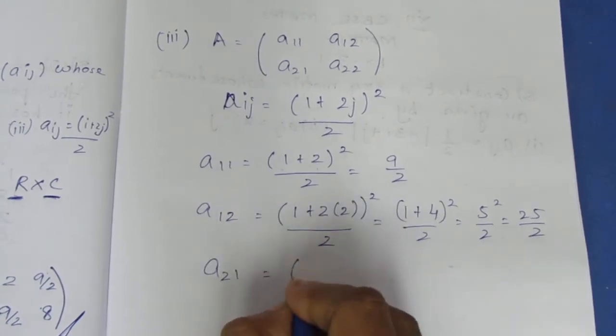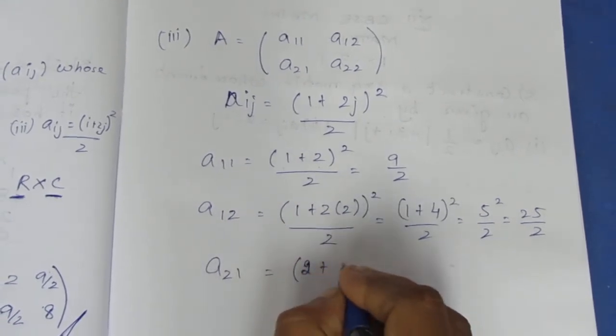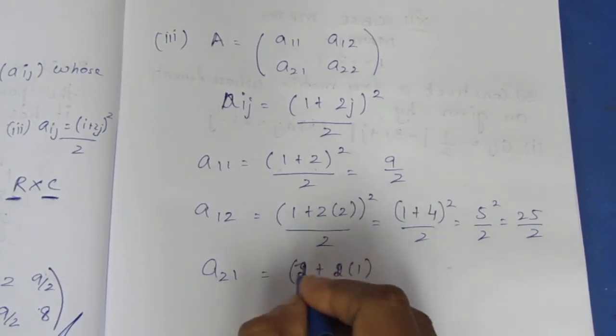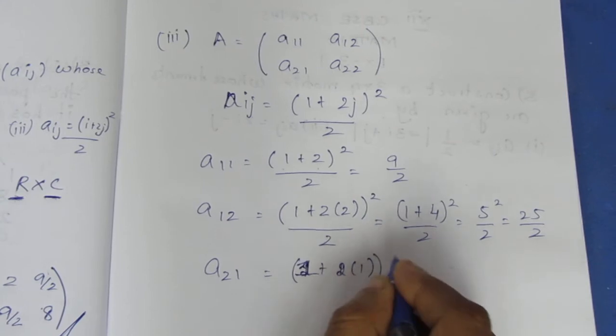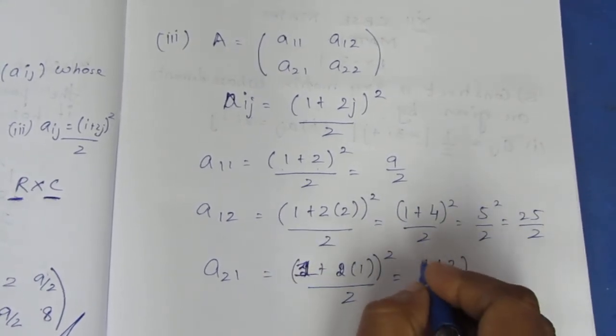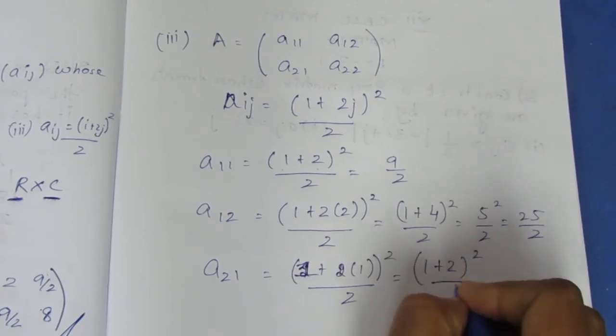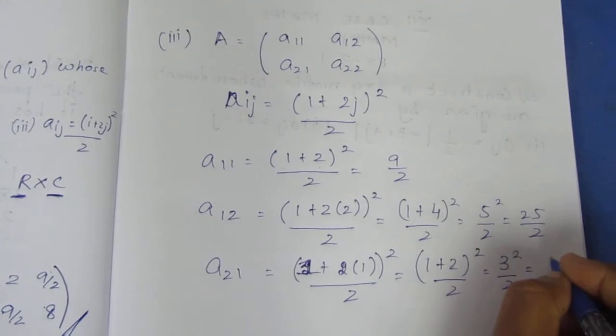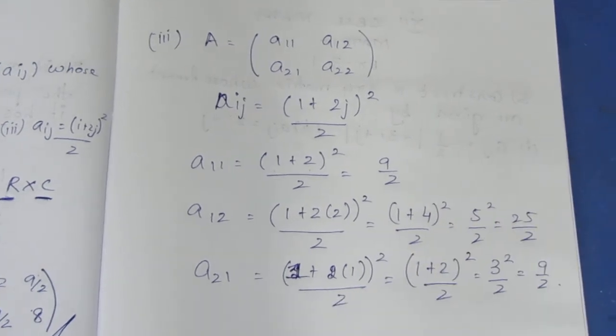a21 is 2 plus 2 into 1, sorry, 1 plus 2 into 1 the whole square by 2, which is 1 plus 2 the whole square by 2, 3 square by 2, 9 by 2.